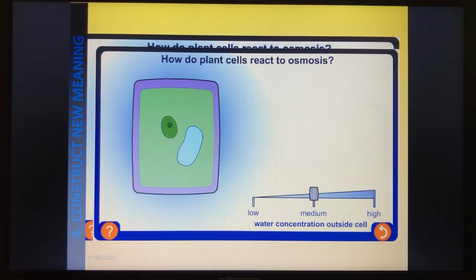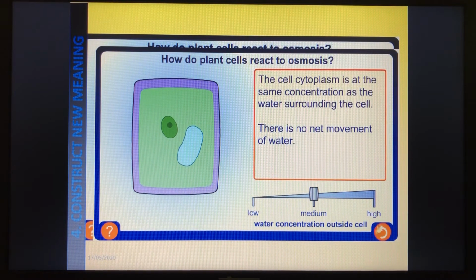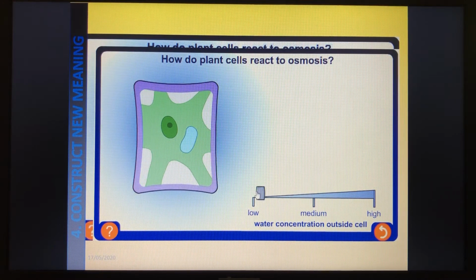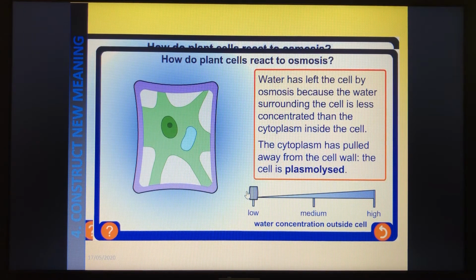So let's just have a look at what happens when plants lose or gain water. At the moment, the water concentration is the same inside the cell and out, so it's just staying where it is. If the water concentration outside of the cell is lower, then water's going to move out of the cell, and you can see here it is shrinking. We just go with the word shrink, that's what they're looking for.